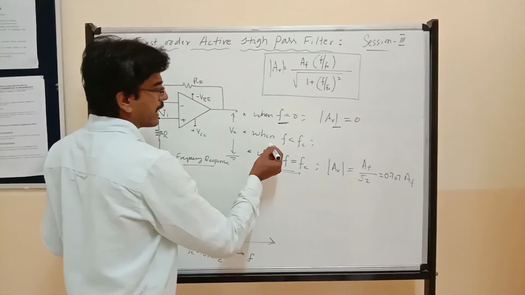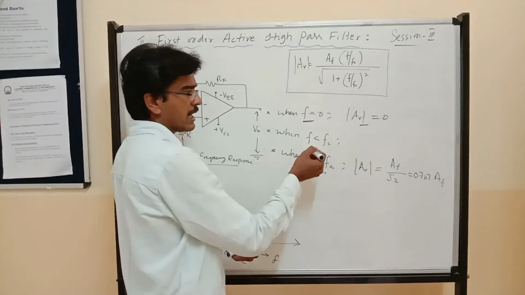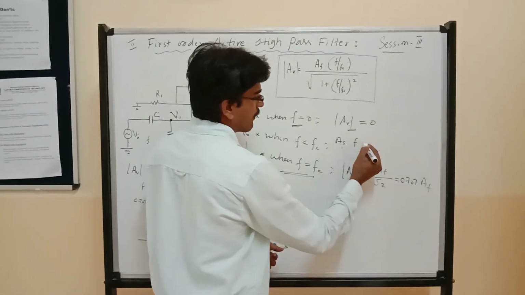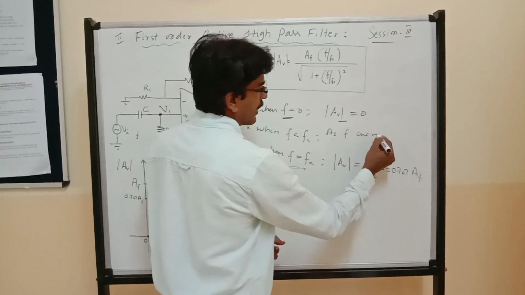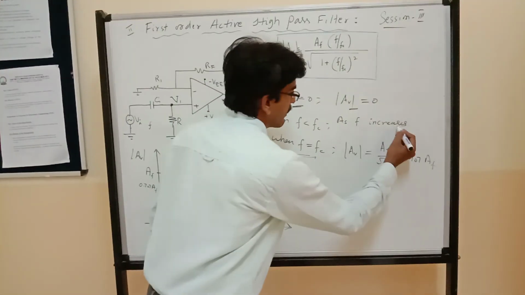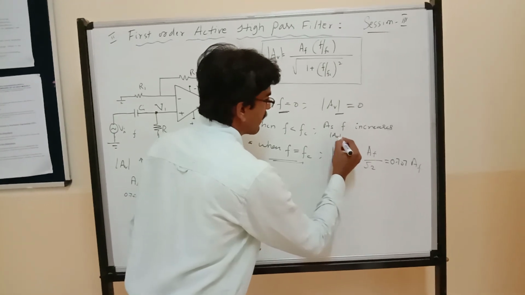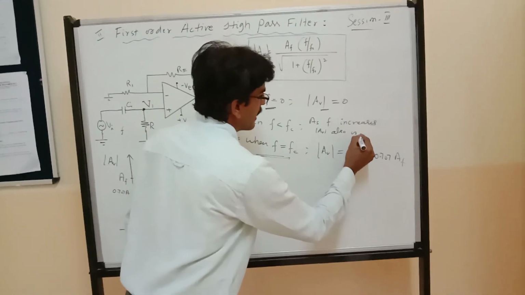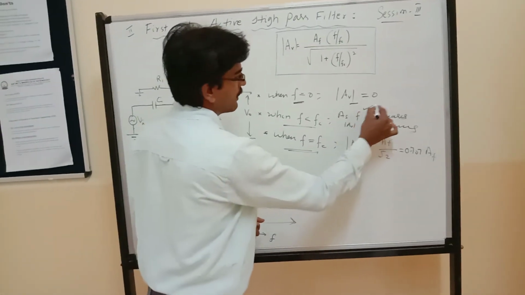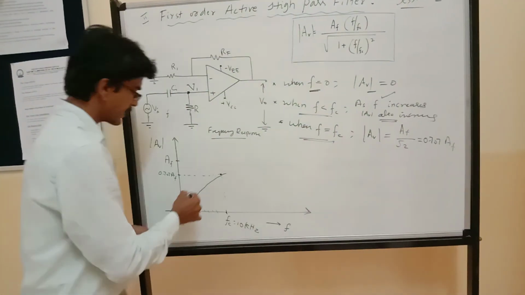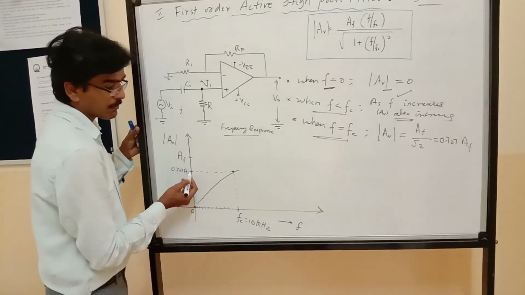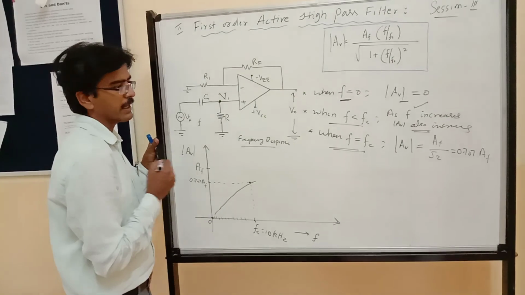For the second case, when the frequency is less than Fc, as frequency increases, magnitude of gain also increases. And when the frequency reaches the cutoff frequency, gain reaches 0.707 times the maximum value of the gain.